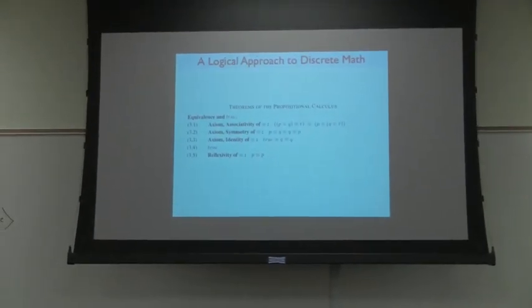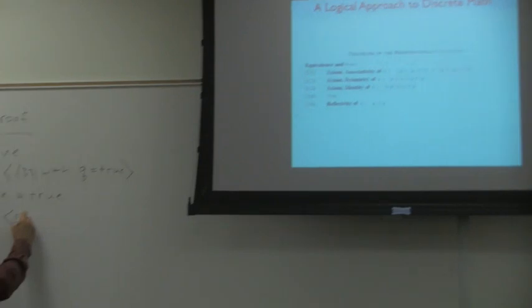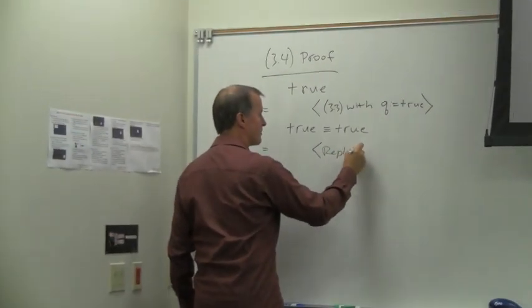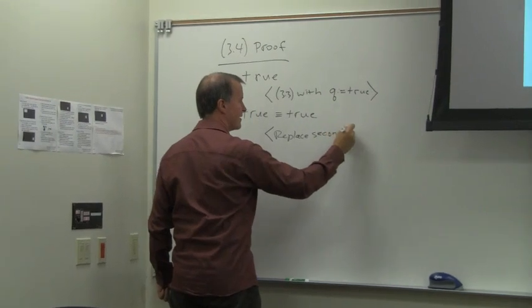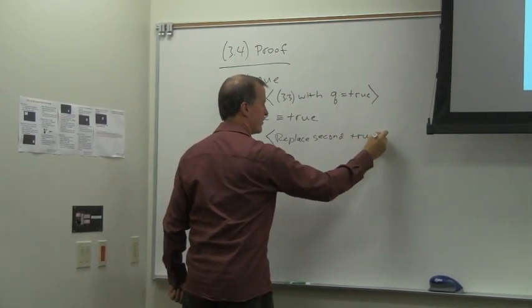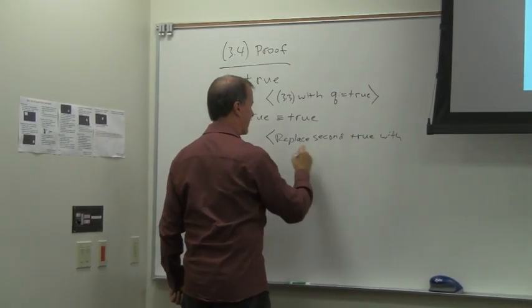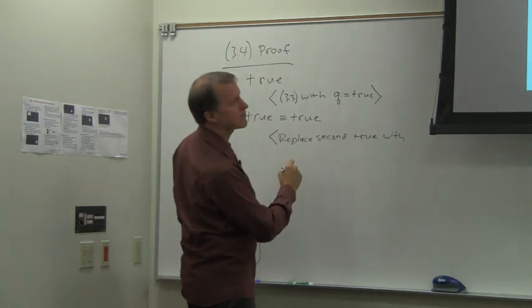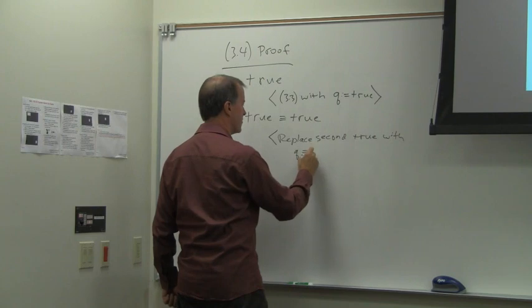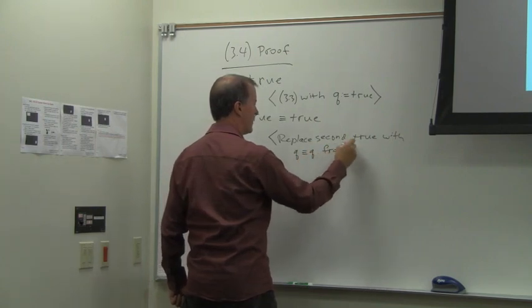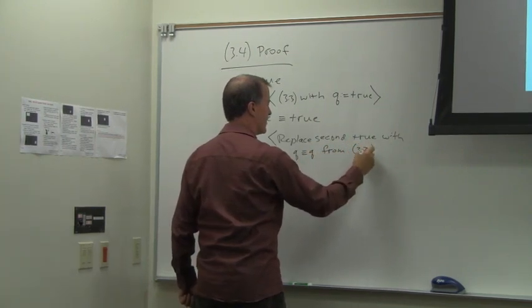So how do we do that? We replace the second true with Q equivalent to Q from 3.3. Boom.